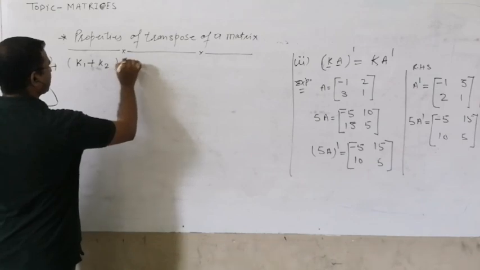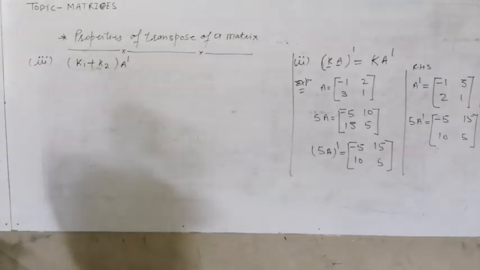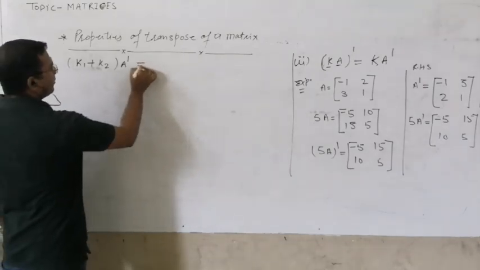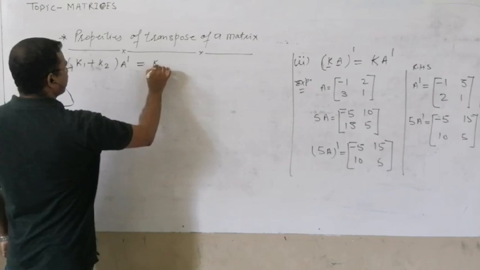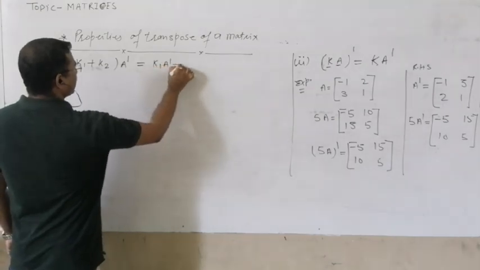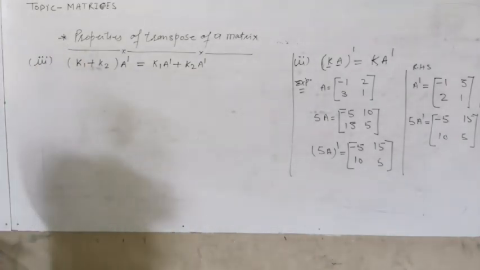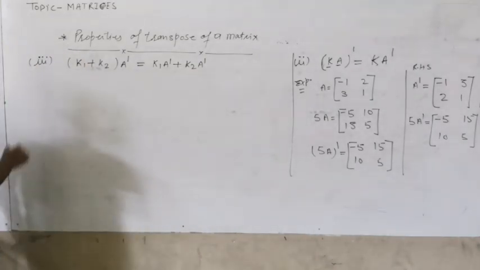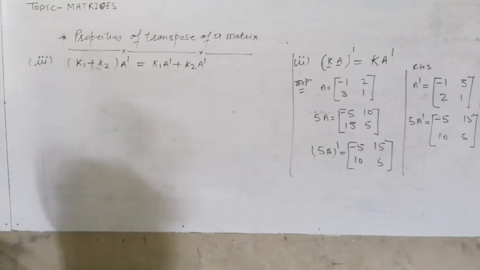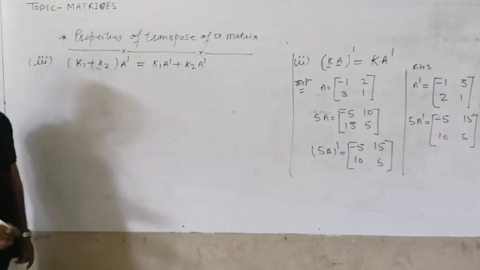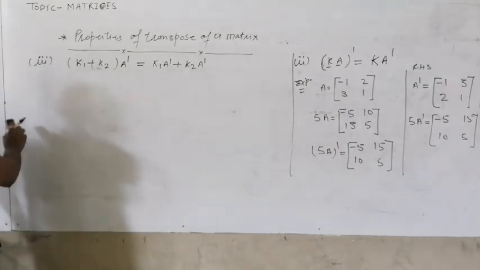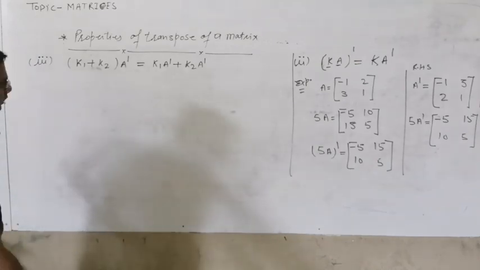We can write K1 plus K2 times A transpose, then it will be equal to K1 A transpose plus K2 A transpose. Similarly, you can verify this also. So these are some useful properties we have discussed about the transpose of the matrix. I hope you understand this.